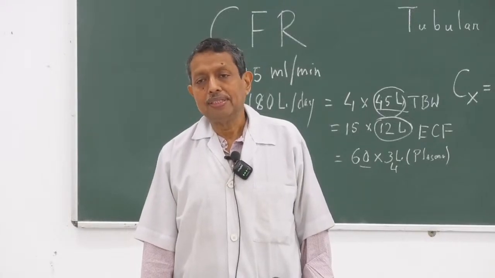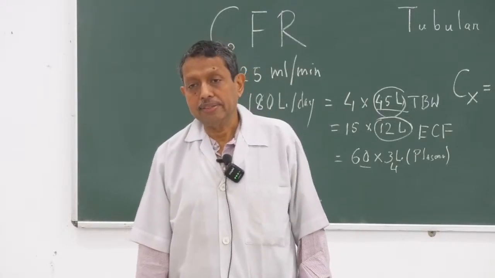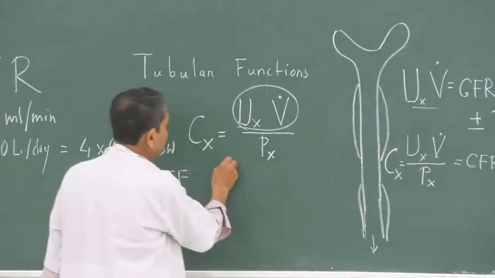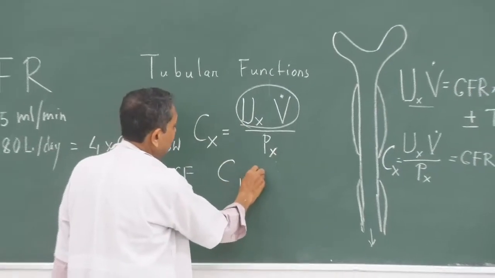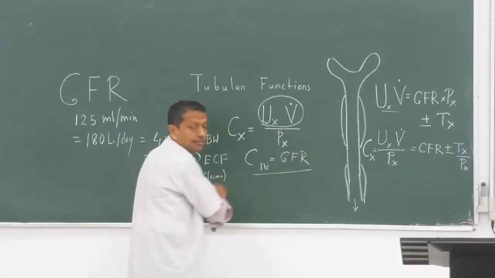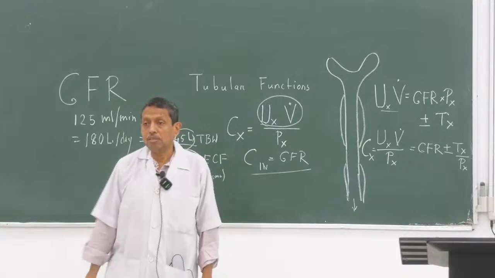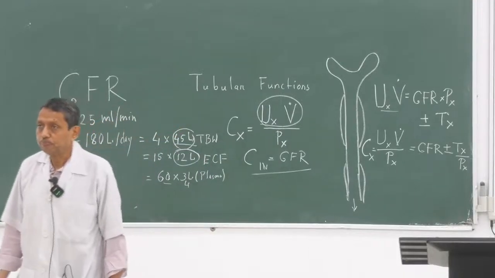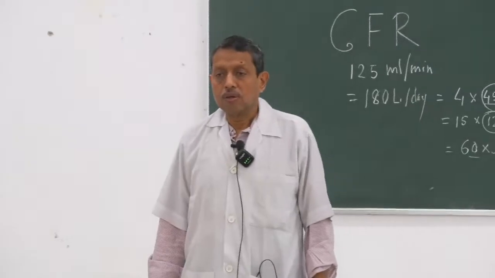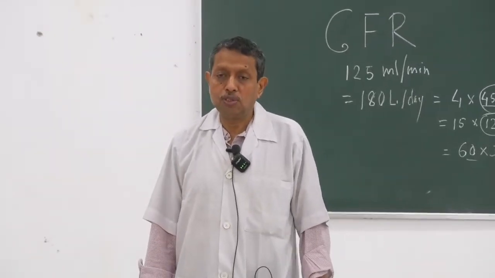Typical example is inulin clearance. Clearance of inulin is equivalent to that of the GFR. It is a gold standard. Clearance of inulin. Inulin is a polysaccharide of molecular weight 5200.